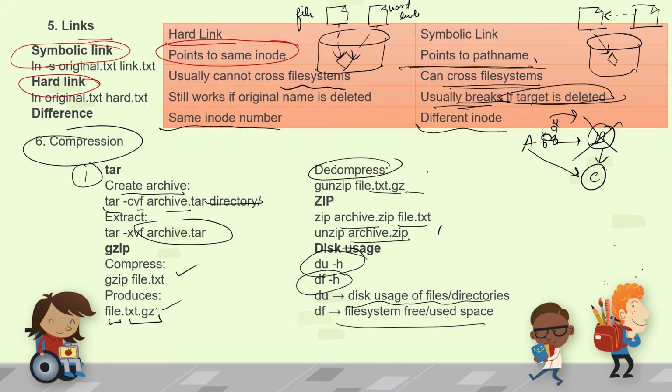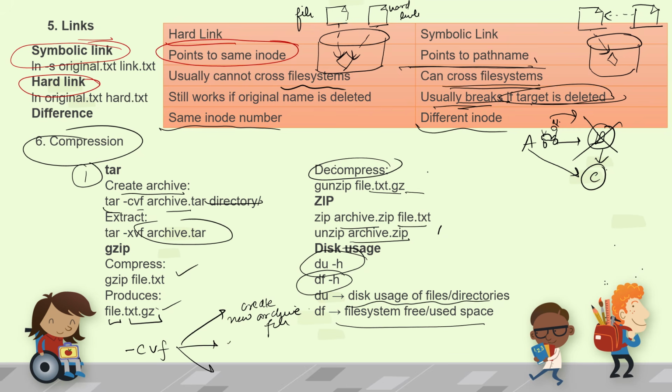Now there must be a doubt, what is this -cvf? In this you have three things. c stands for creating a new archive file. Then we come to -v.